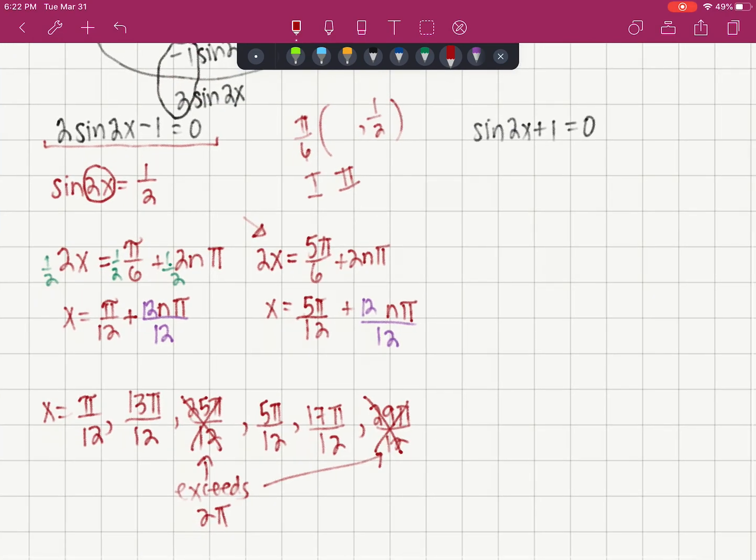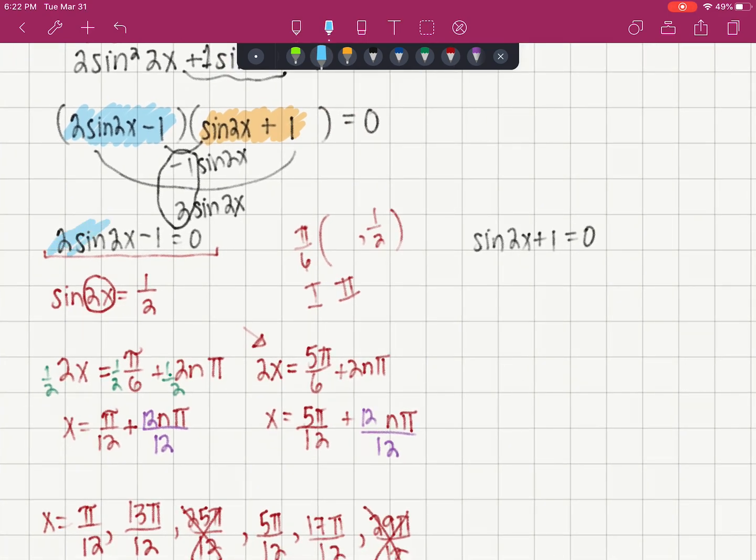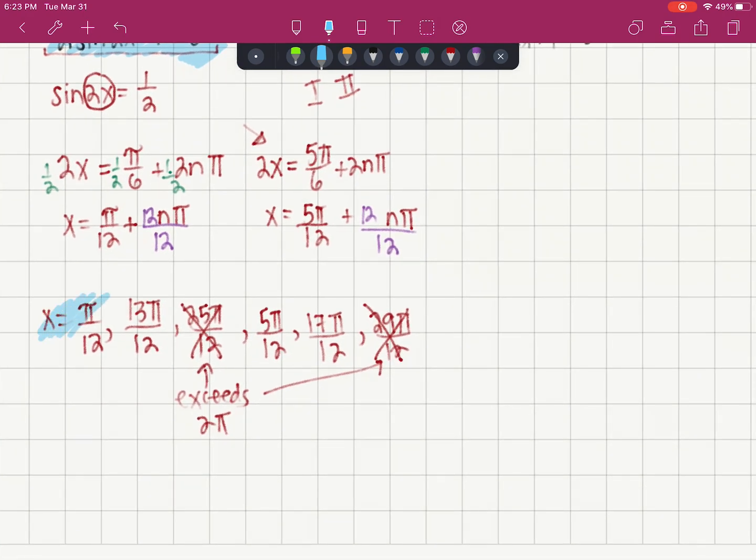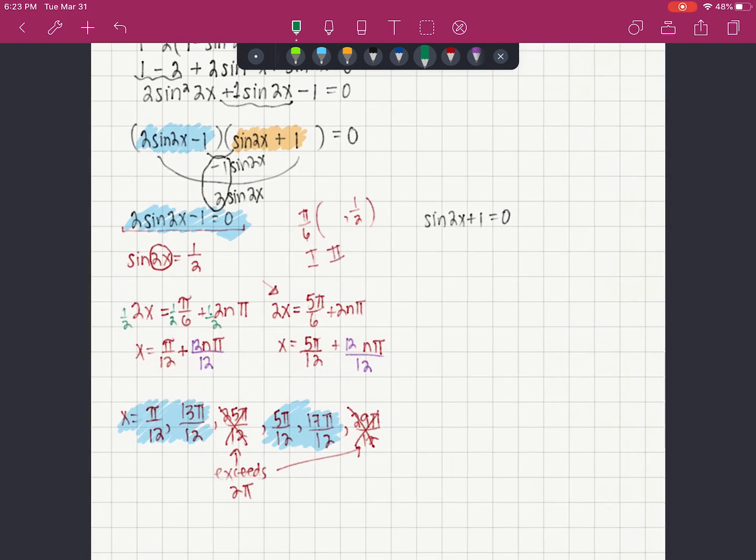So that is not an answer. This equation, which I highlighted in blue, gave us these 4 answers. Okay. Now we've got some more answers off to the right.